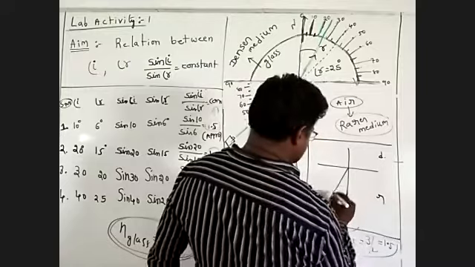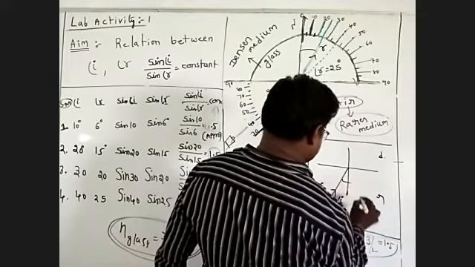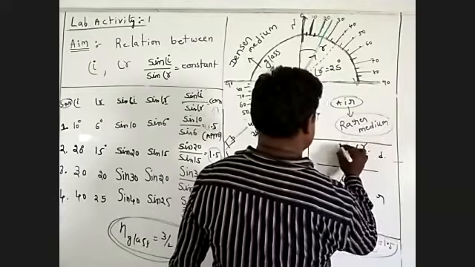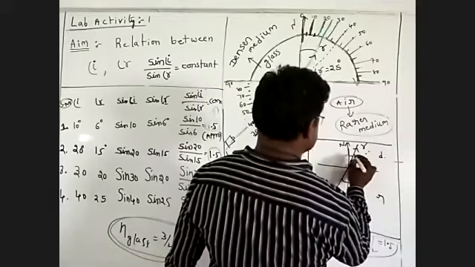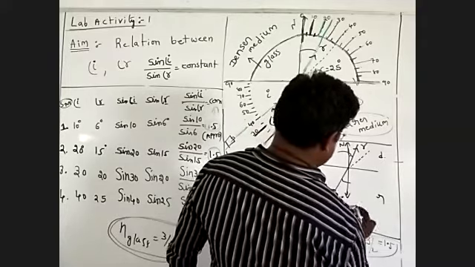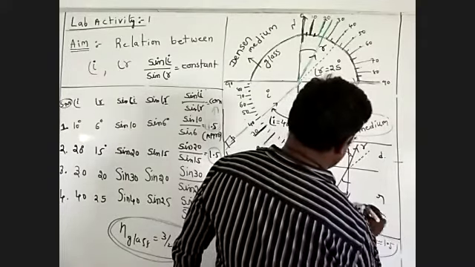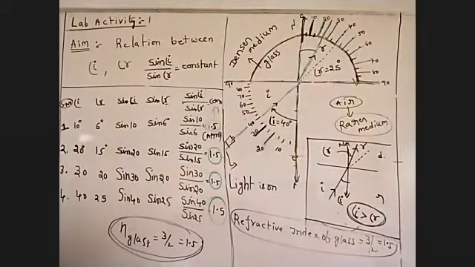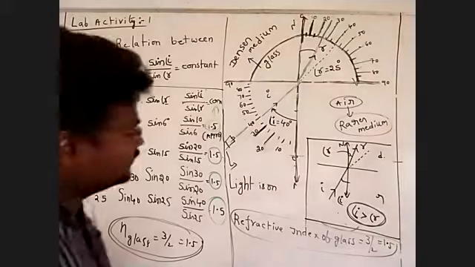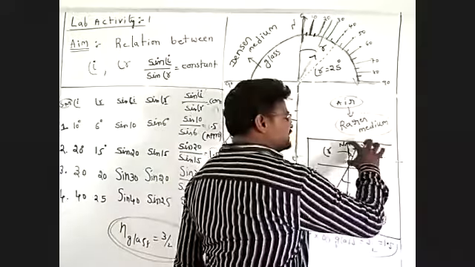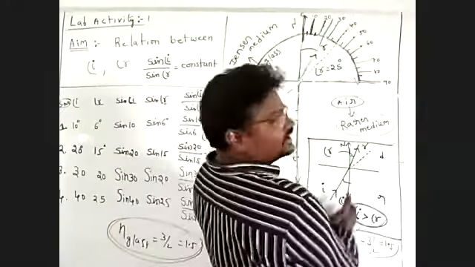This is the incident ray, this is the angle of I, this is the actual direction of the incident ray, this is the refracted ray, this is the normal line, and this is the angle of R. So angle of I is greater than angle of R. This is the condition. Light travels from rarer medium to denser medium, and the refracted ray bends towards the normal. This is theoretical; I'm showing the practical here.